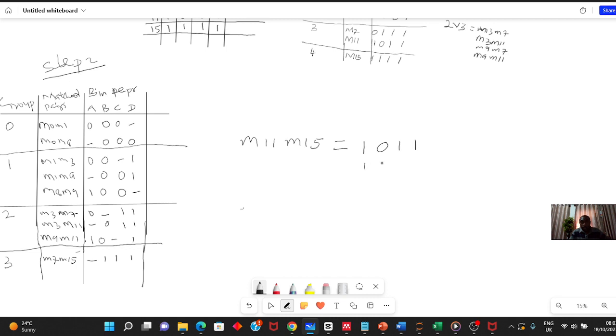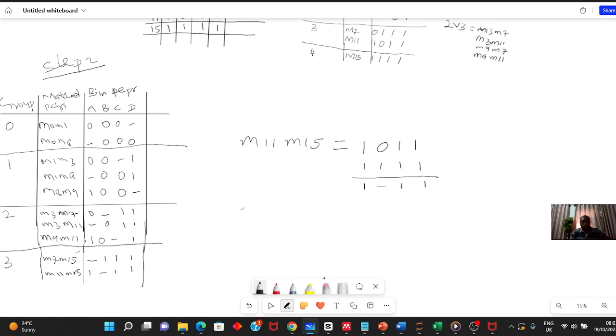And M15 is 1, 1, 1, 1. So let's see the match pairs. 1 mapping with 1, you have 1, 0 with 1 you have a dash, 1, 1. So the next match pair in group 3 is M11, M15, and the match pair is 1, dash, 1, 1.